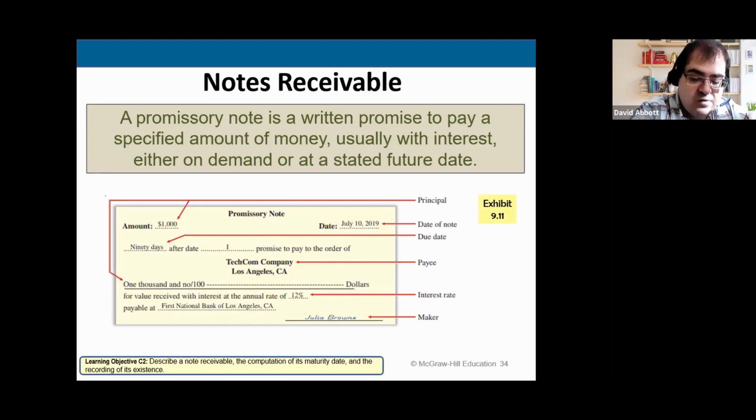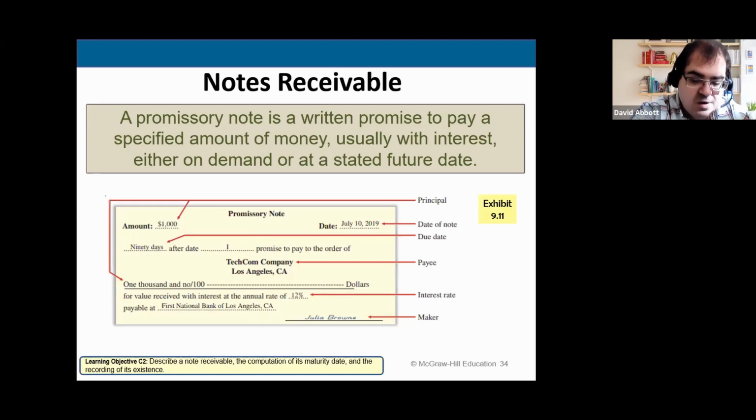Now, as the one who signed the note and promised to pay it at maturity, Brown is the maker of the note. Now, as the person to whom the note is payable, TechCom is the payee of the note.